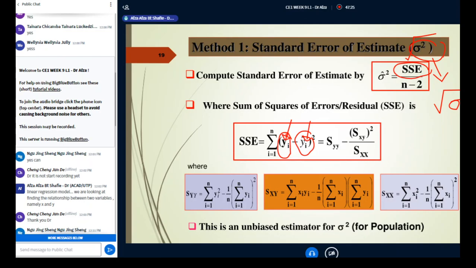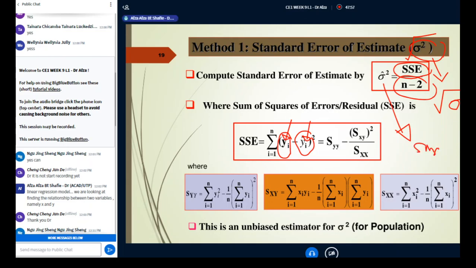But if they're close, that means your fitting is very good. So we are looking at SSE divided by n minus 2. This is a standard formula that we use. Because of this, we want the fitting to be close, so we want this value to be small. That means we do not want too much deviation.